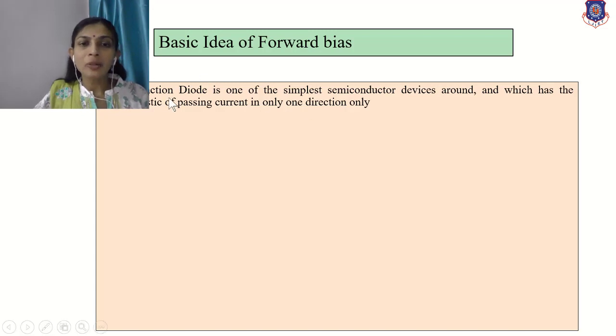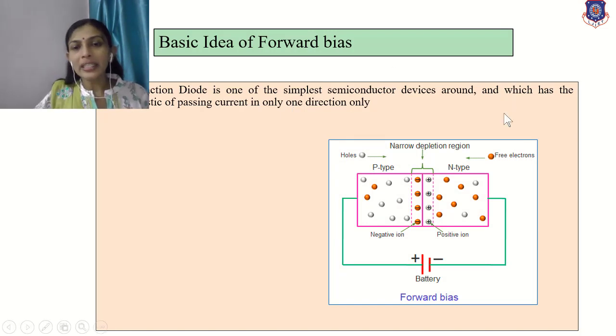Look at this diagram. This is the PN junction. This is P-type material. This is N-type material. Both are connected together and we are getting the depletion region across the junction.